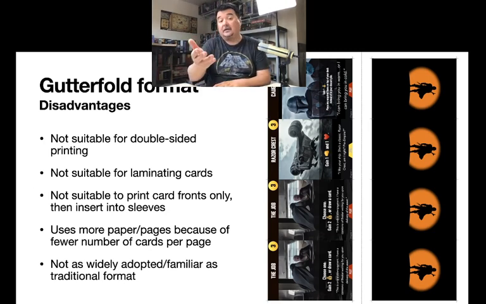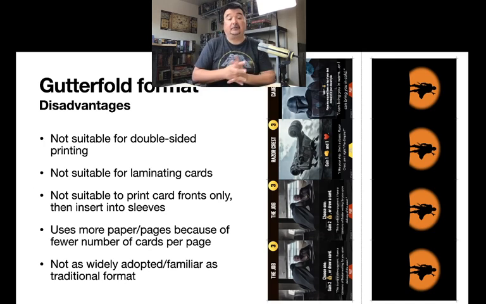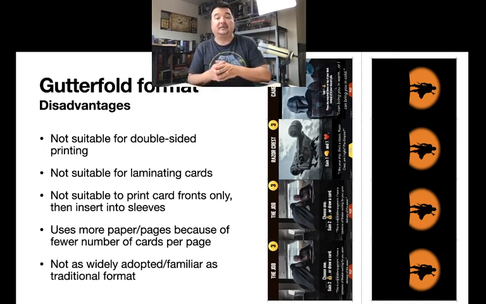In this case, we've only got 4 cards per page with their backs. So you end up using slightly more pages to deliver the same card game in Gutterfold rather than in traditional. Also, Gutterfold is not as widely adopted as traditional, so fewer folks will be familiar with it.